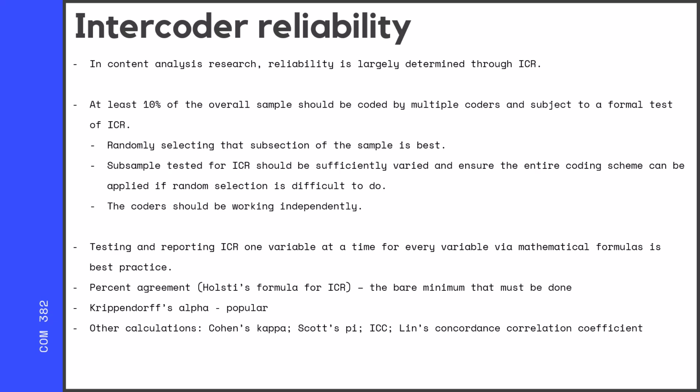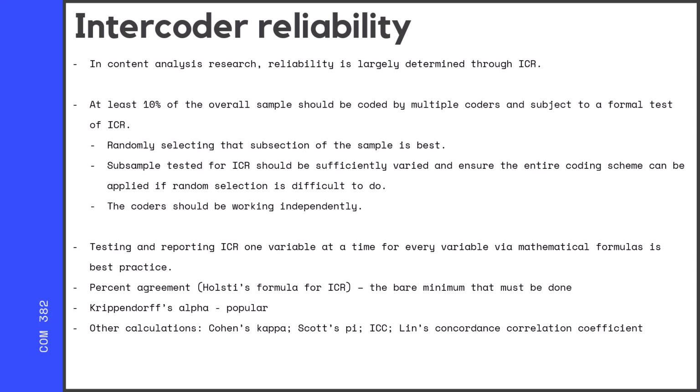So there is a calculation that's done for each variable that shows what percentage of the time the different coders agreed with each other. The bare minimum that's done is a percent agreement, and I'm going to show an example of that in a minute. Another very popular form of intercoder reliability is called Krippendorff's alpha, and this is this guy, Klaus Krippendorff.